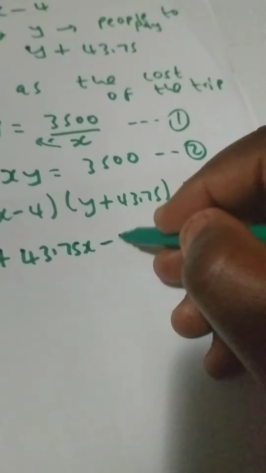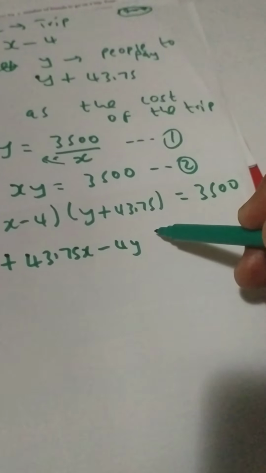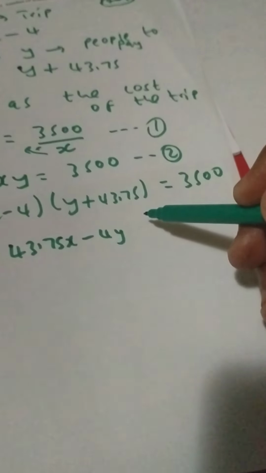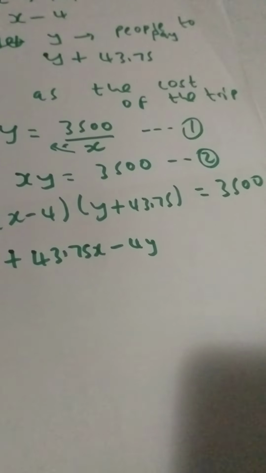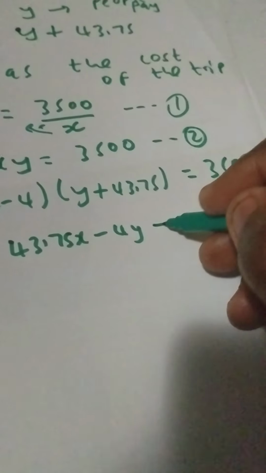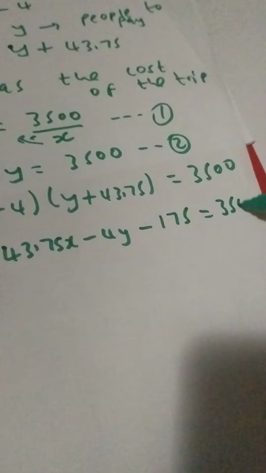Negative 4 times Y will be negative 4Y. Then negative 4 times 43.75, how much is that? Oh, that's a number I didn't expect. It's going to give us negative 175. So the whole thing will equate to 3,500.